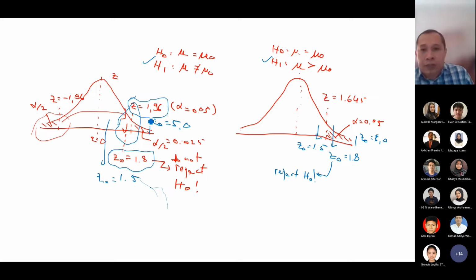So as you change the hypothesis into one-sided, what was previously concluded as we do not reject H0 now becomes we reject H0. It's not that you changed the experimental data. You did not change any data at all. All you did was change the H1. We changed the hypothesis.